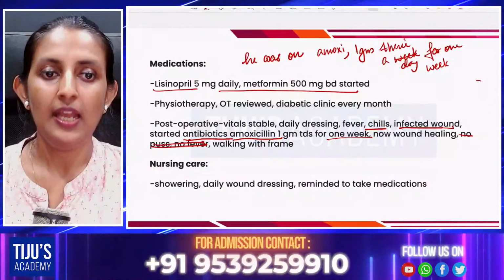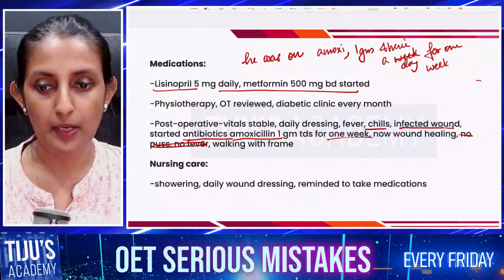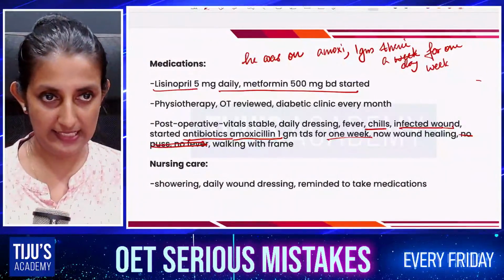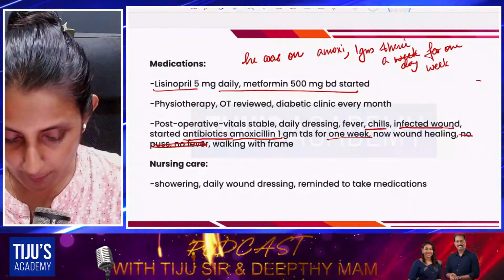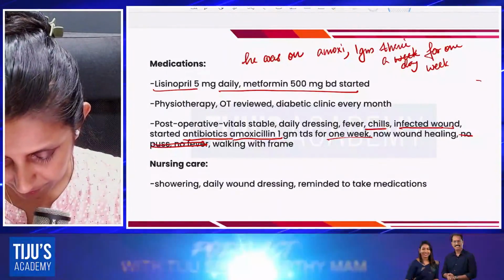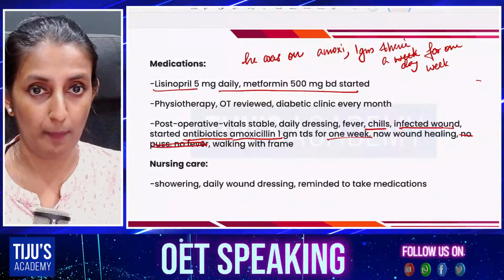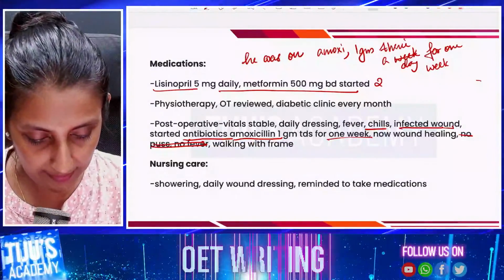Okay, and since we mentioned about the amoxicillin, in order to make it in a proper organization, you can mention about the other medicines as well. So other medicines എന്ന് പറയുന്നത് ഏതൊക്കെയാണ്? Lisinopril and metformin. So we can mention about this particular medication as the second point.